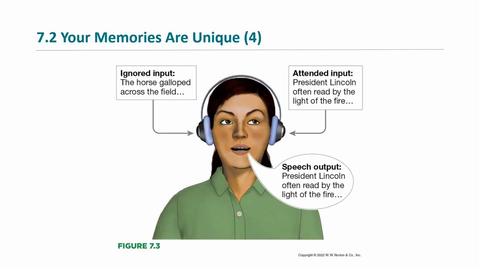Cherry in his 1953 paper also wrote about what's known as the cocktail party phenomenon. We don't usually call them cocktail parties anymore, but just think about being at a party with a lot of people in a room, and there are individual conversations going on around the room.